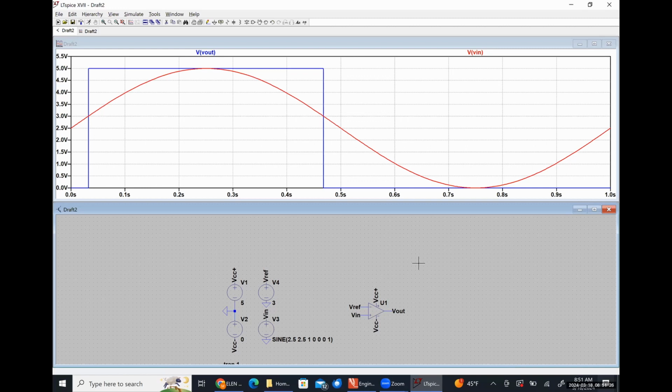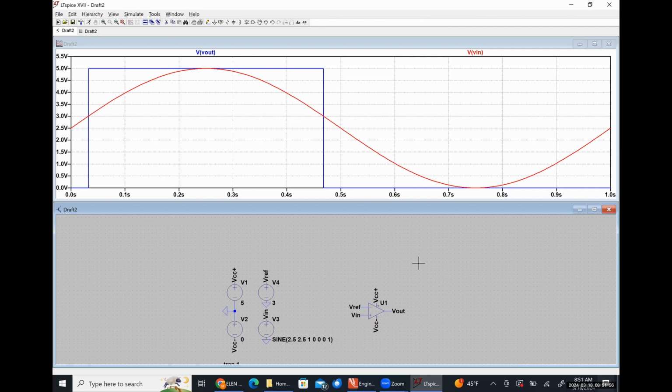So we can see here pretty easily that when our input voltage is less than 3 volts, our output voltage in blue is low. When our input voltage exceeds 3 volts, our output voltage goes high and stays high, and it doesn't come back down until our input voltage falls below 3 volts again, right? So this is the behavior that we would expect.